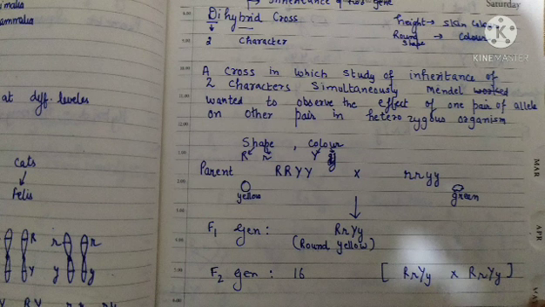Here you can see that in the parental generation, one plant has yellow and round seeds, and the other plant has green and wrinkled seeds. That is, one parent is capital R capital Y, with round and yellow seeds, and the other parent is small r small y, with green and wrinkled seeds.